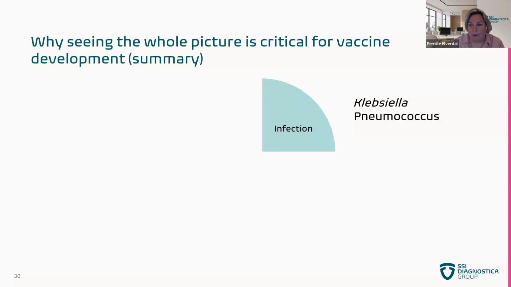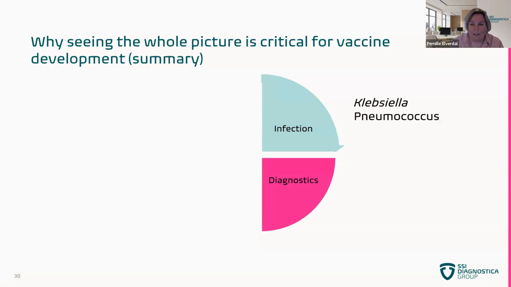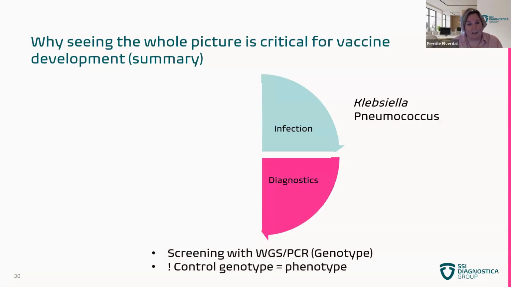So for Klebsiella, Pneumococcus, and other bacteria, we start looking at the infection. That's where everything starts. Then you have the diagnostics, and here it's important that you have good diagnostics to detect the bacteria or detect the infection.